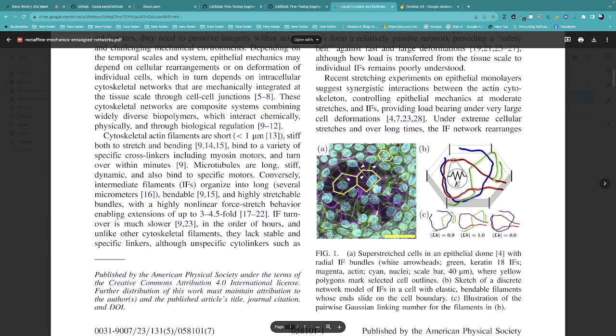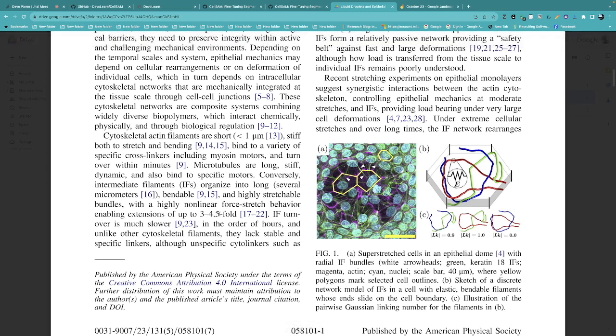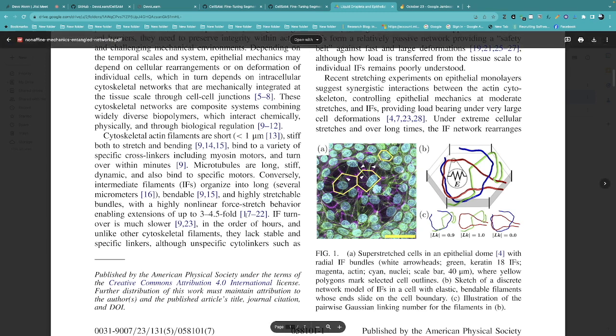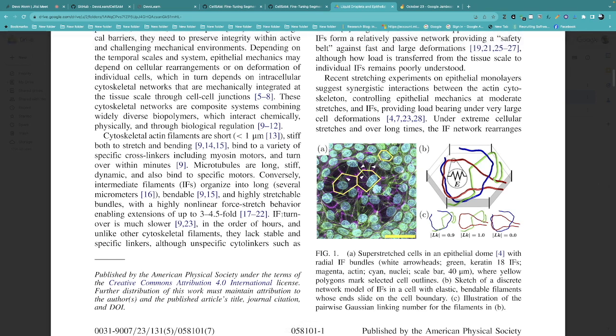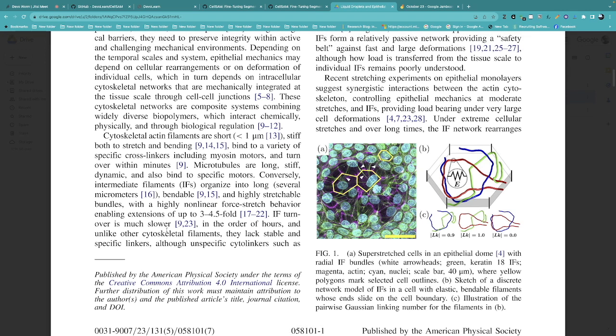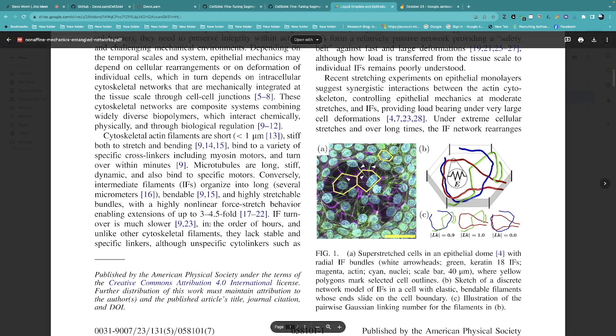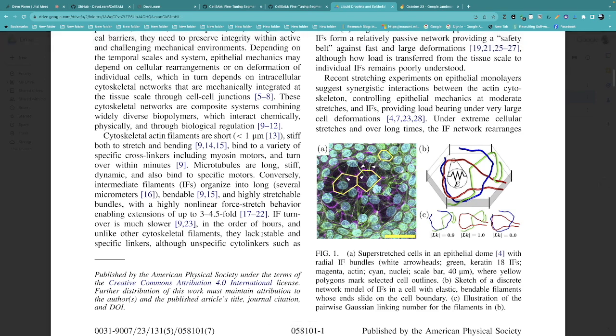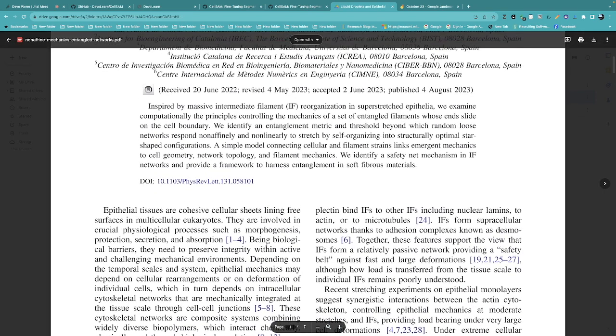You can have really high output of force from the force-stretch, and extensions of up to 3 to 4.5 fold, so there's a pretty large range there. The IFs turn over much slower than the normal cytoskeletal elements, on the order of hours, and unlike other cytoskeletal filaments, they lack stable and specific linkers.